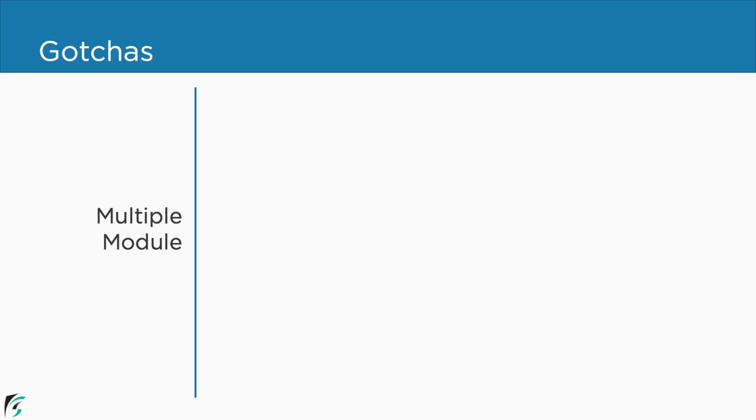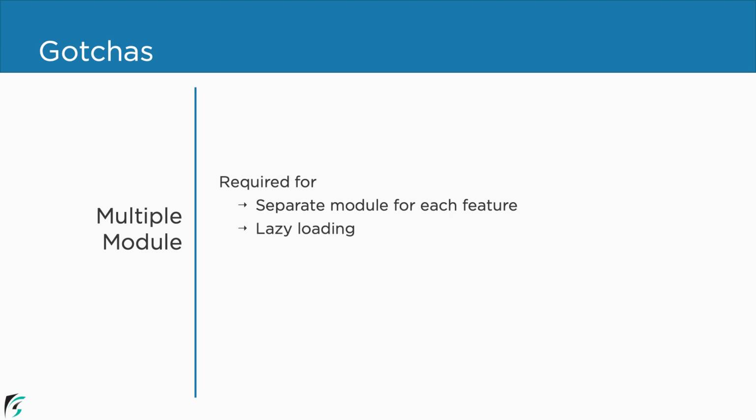The next gotcha we have is multiple modules. Dealing with it is a special concern. There are two reasons why we create multiple modules. The first reason is to create different modules for each feature area of the application. We'll also create multiple modules when we implement lazy loading.